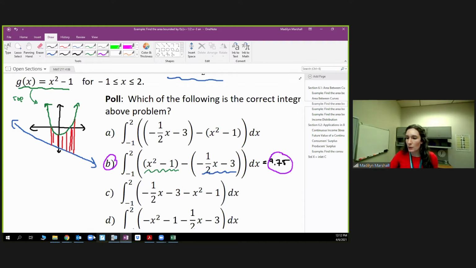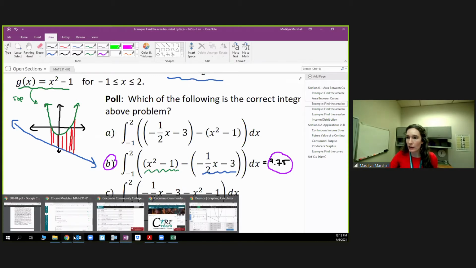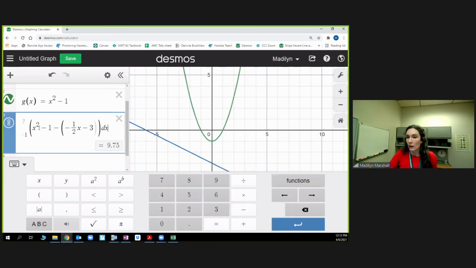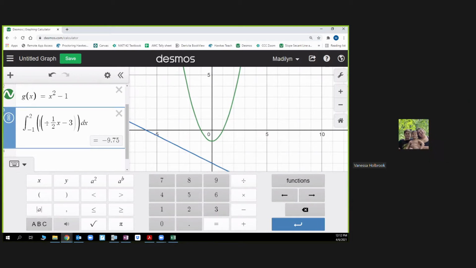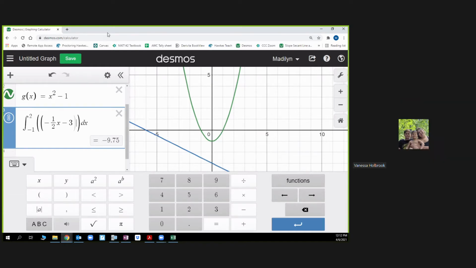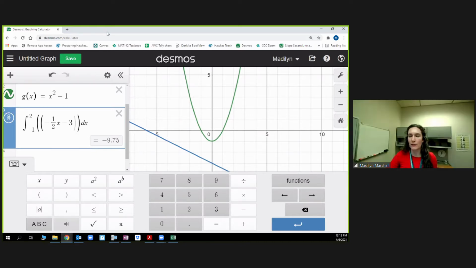So just to see what happens if we do put a into the integral and switch the order of f and g. B should be negative 8.25. What should be? B, because isn't that negative 9.75? That's the positive 9.75.